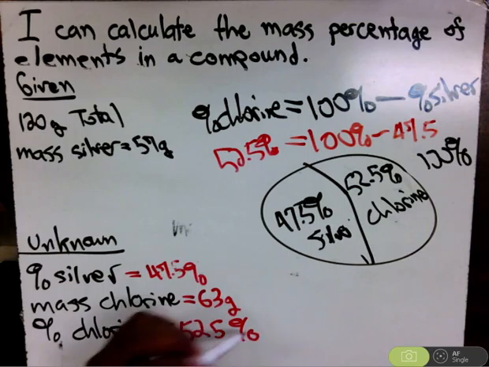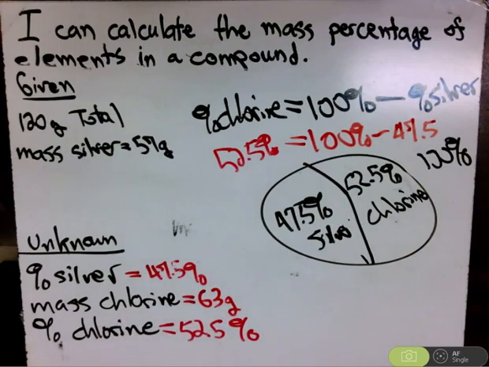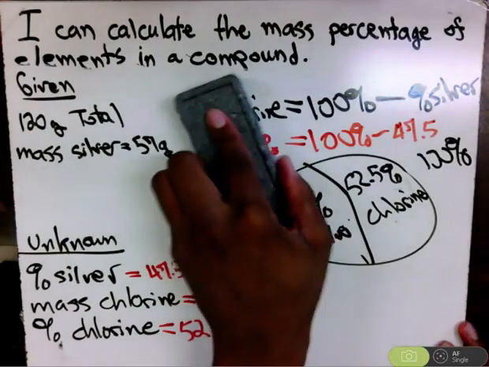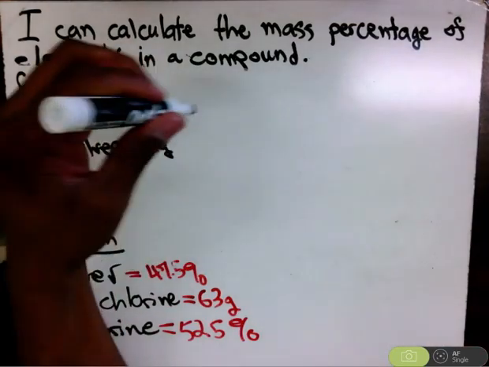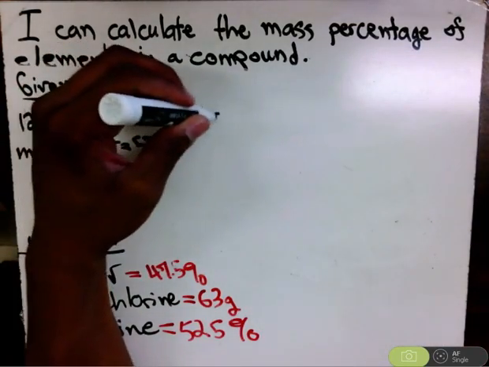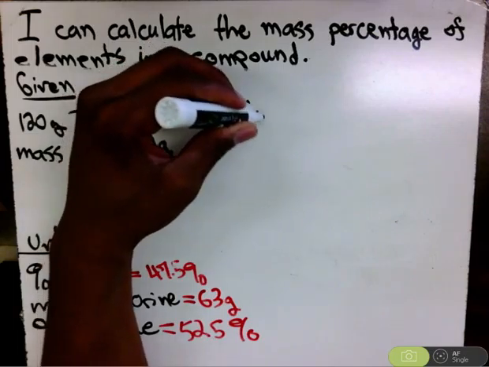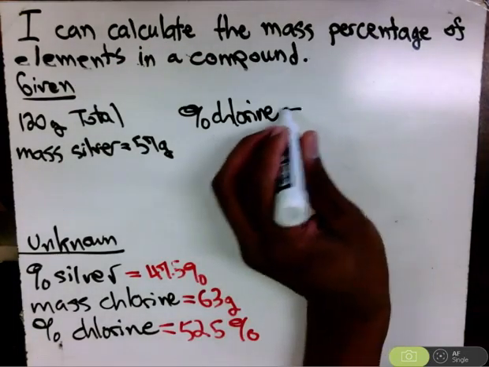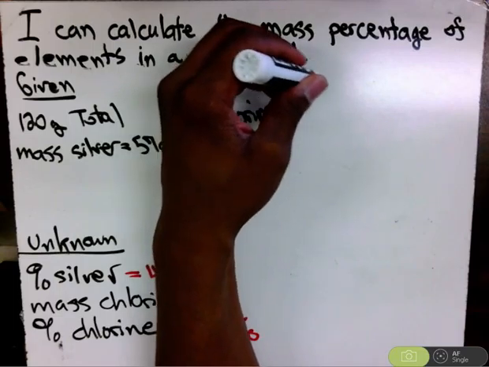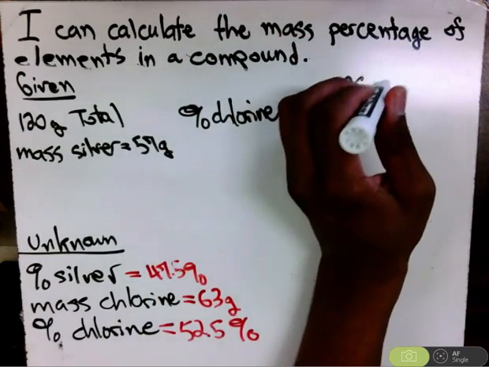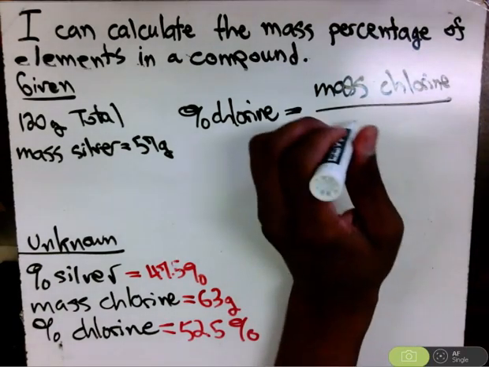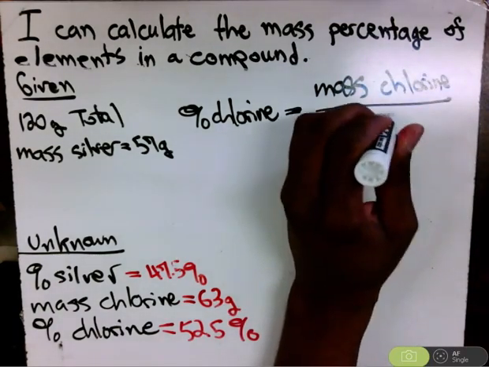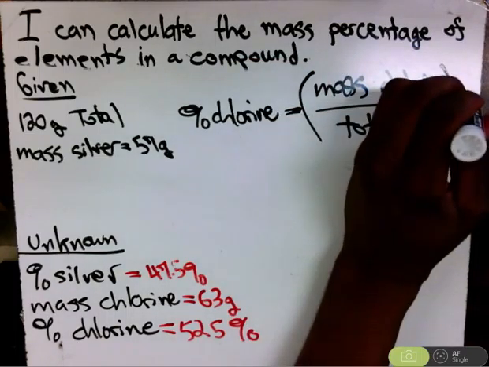So I have 52.5% chlorine. Now, here's another way that I could have found that percent of chlorine. Because remember, a percent of something is going to equal the mass of something divided by the total multiplied by 100.